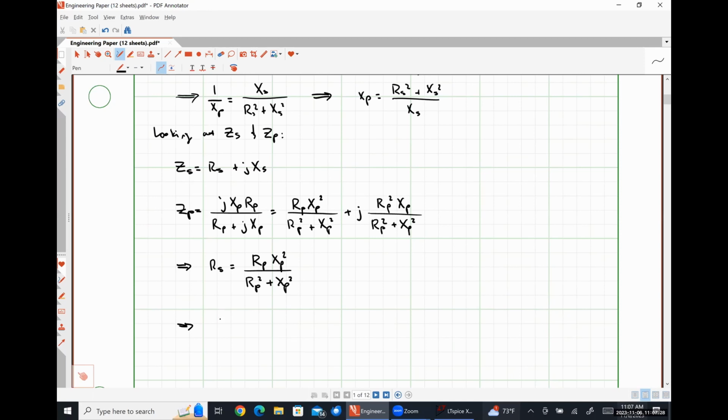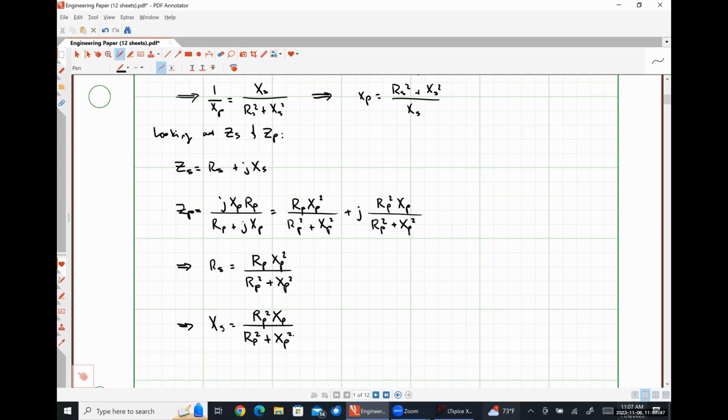And the imaginary parts, setting them equal to each other, we're going to have X_S is equal to R_P squared X_P divided by R_P squared plus X_P squared. So now we can transform both ways.